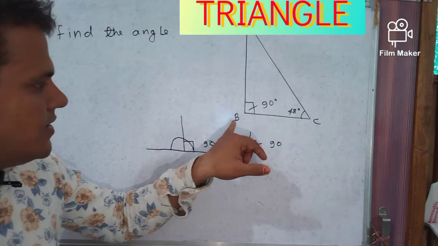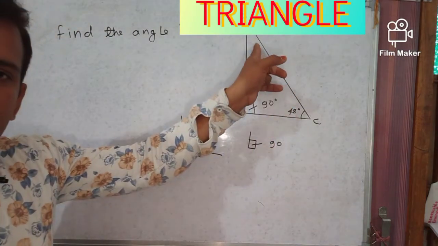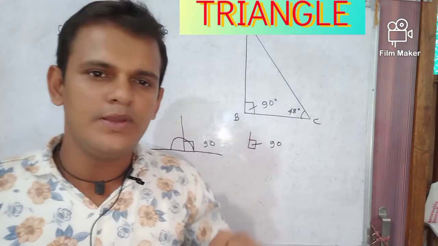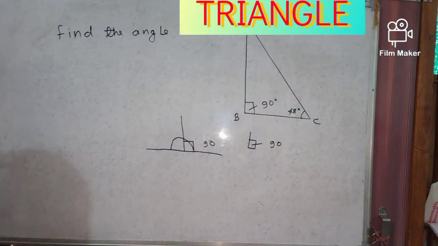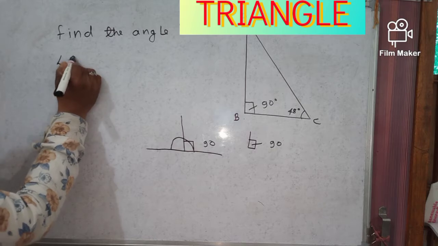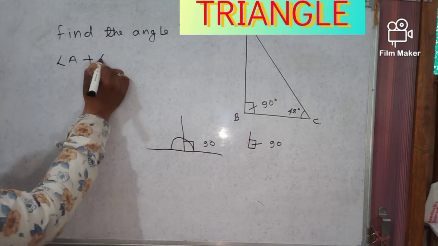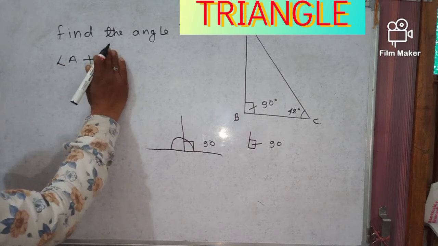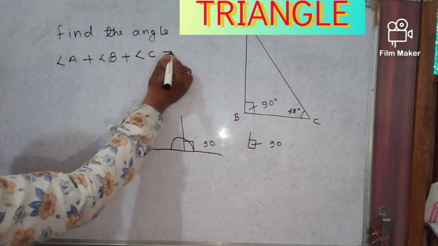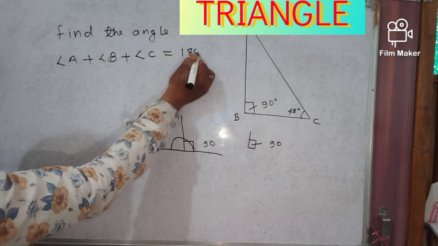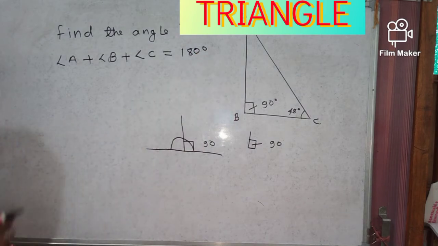So add both and minus 180 degree will be angle A, right? So see here, angle A plus angle B plus angle C is equal to 180 degree.